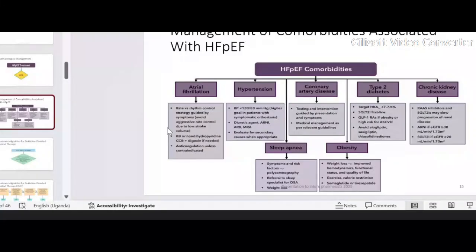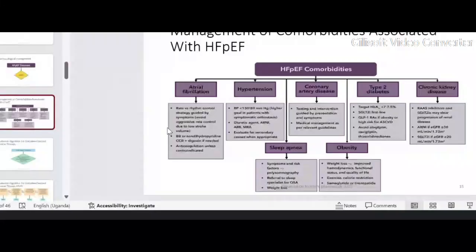The patient is also left with type 2 diabetes. In treating the diabetes of that patient, we want to target anyone below 7.5. And again, SGLT2 inhibitors are very important in this category of patients. Why? Because they have benefit in both heart failure and in diabetes. In fact, those drugs like dapagliflozin and empagliflozin were first approved for diabetes.